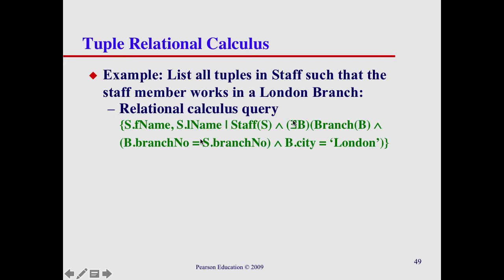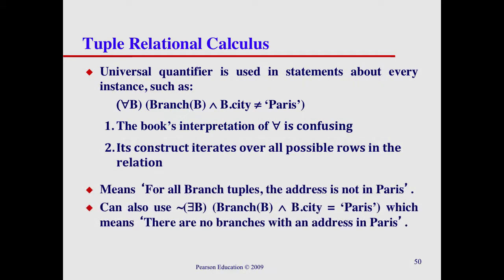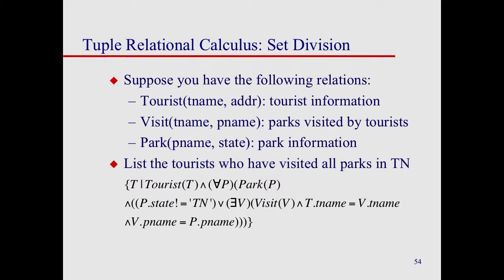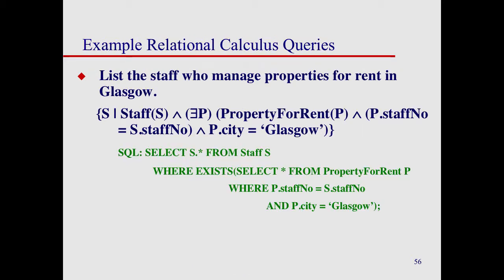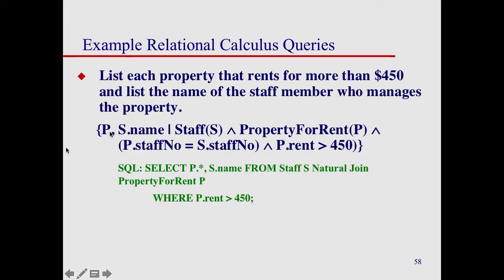For a normal join where attributes from both the left and right side relations appear in the result, such as this one right here, then it's okay to write it out as you normally would in SQL. But for a semi-join, it's not going to look quite SQL-like because the right side relation is going to have to be a quantified tuple variable, and it's going to show up in a there exists clause.